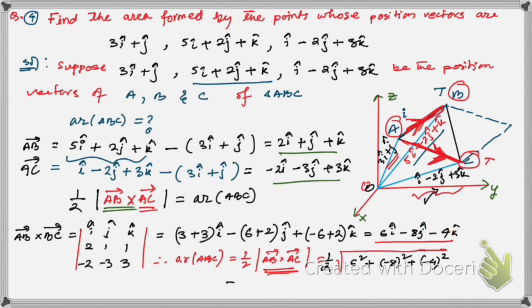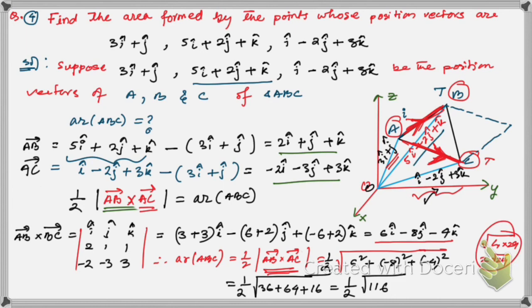Hope you have understood this. If you calculate this, you will get half of root 116, and 116 can be written as root of 4 into 29. The square root of 4 is 2, so 2 root 29, and half of 2 root 29, the 2 cancels, and you get the area root 29. So this is your answer. Hope you have understood.